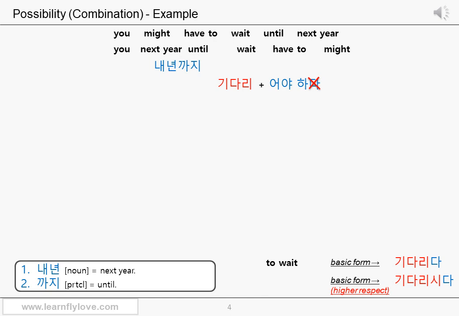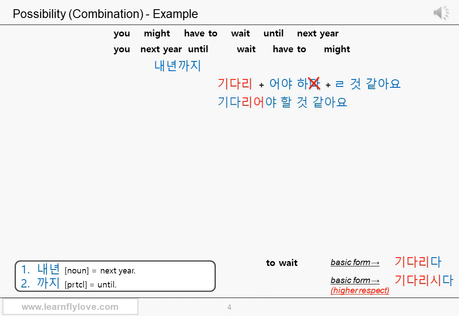The formal block 하 of 하다 doesn't have a final consonant. So you should add the final ㄹ consonant and 것 같아요. Okay? 기다리 plus 어야 하 plus ㄹ 것 같아요. Let's put them together.